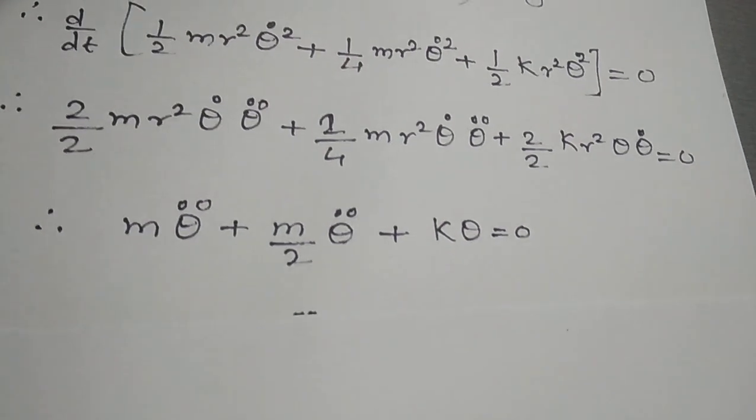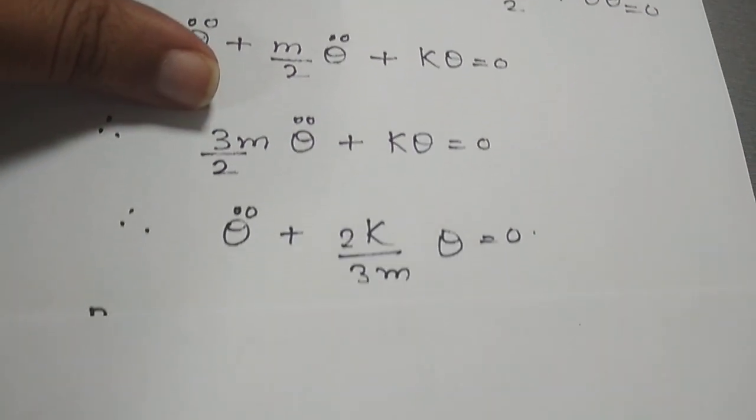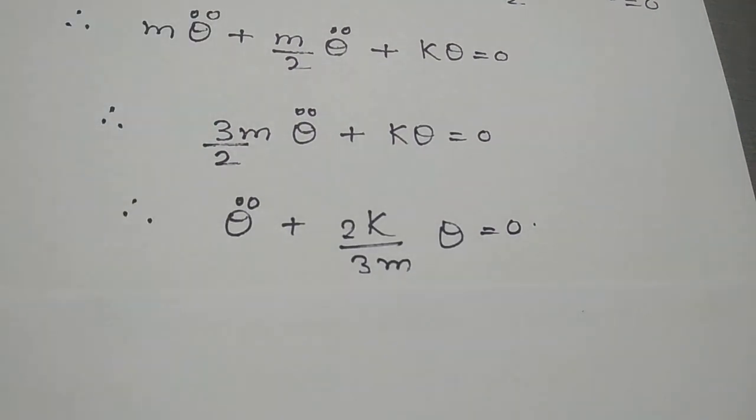By rearranging the terms, we can say 3/2 m into theta double dot plus k theta is equal to 0. Again convert into the fundamental equation. So the equation of motion can be written as theta double dot plus 2k divided by 3m into theta is equal to 0.